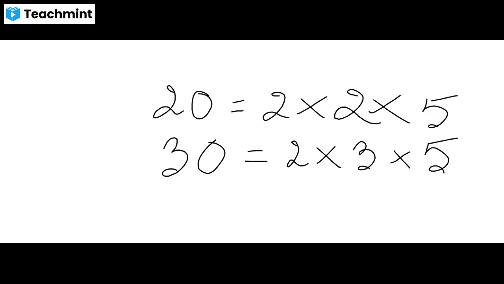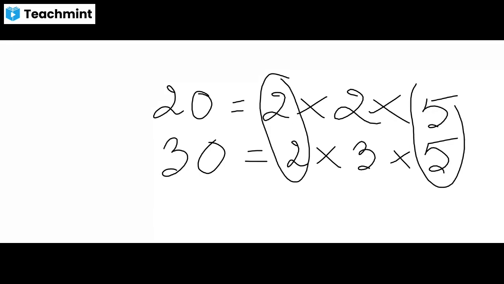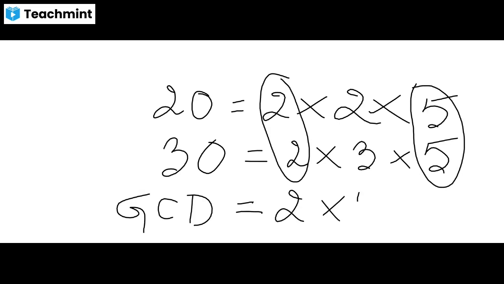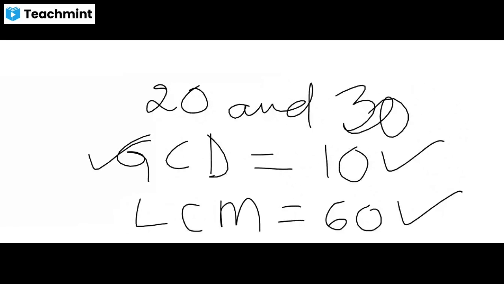Here we find 2 is common in both, and one more factor 5 is also common. Therefore GCD is equal to 2 into 5, which is equal to 10. Therefore your answer, GCD of 20 and 30 is 10, is correct.